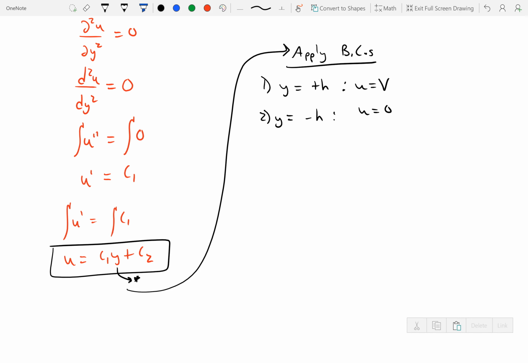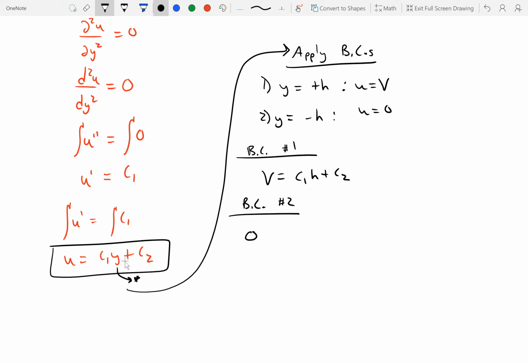All right, so we pick both of these and we plug in. Let's do the easy one. Let's do boundary condition number 1. So V equals C1 times H plus C2. All right, and we'll do boundary condition number 2. 0 equals C1 times negative H plus C2.